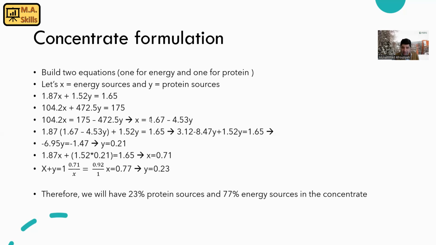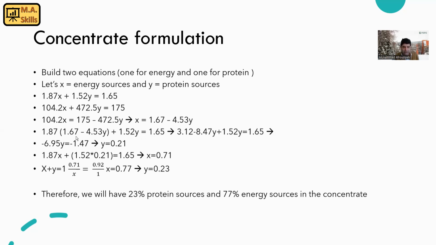So now I have an equation based on X. What I'm going to do is plug this X value into the first equation. In the first equation, I had 1.87X. I'm going to plug it in here, so I have 1.87 times, instead of X, this equation, 1.67 minus 4.57Y, plus, continuing the first equation, 1.52Y equals 1.65.